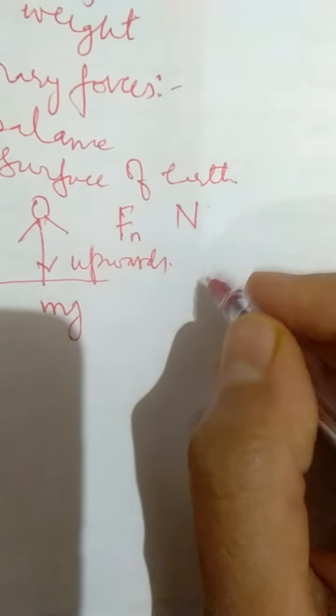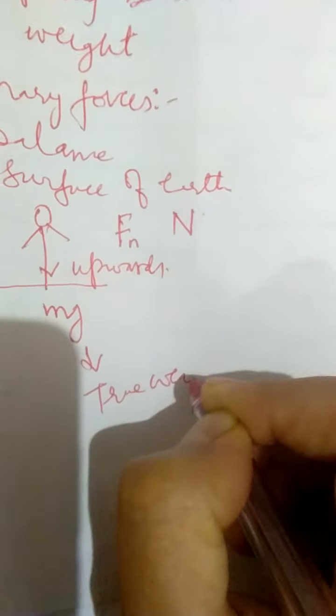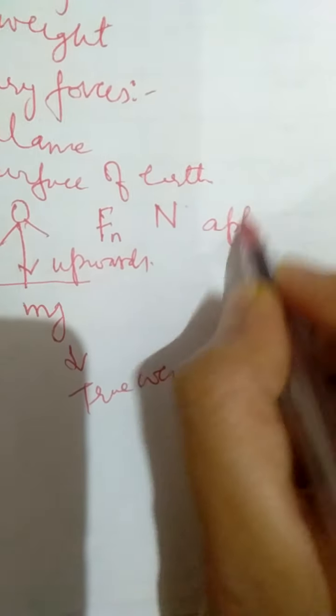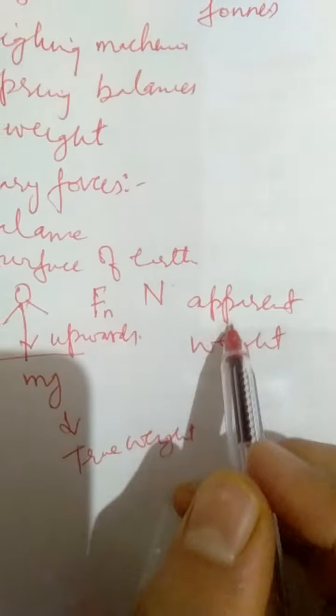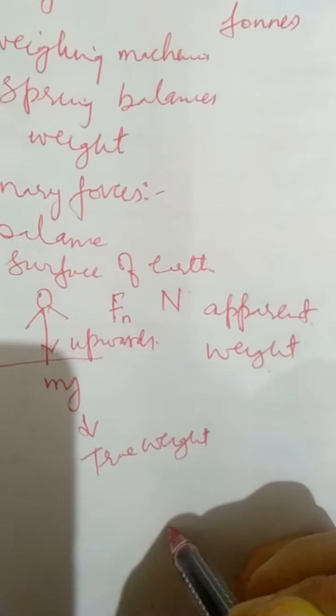So this is the true weight, and this normal force or the reactionary force is called the apparent weight of the body. And remember, all weighing machines or spring balances measure the apparent weight of the body and not its true weight.